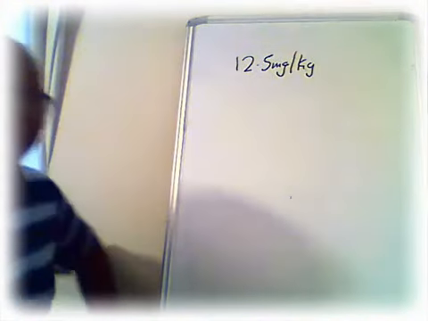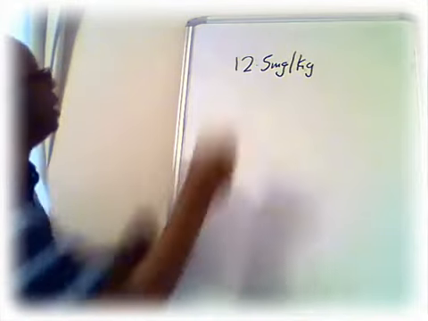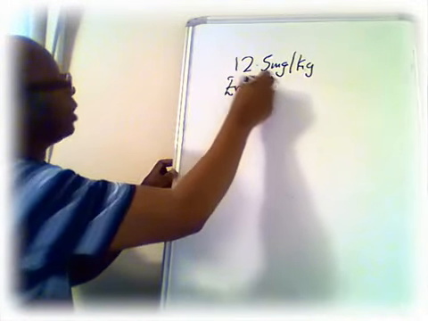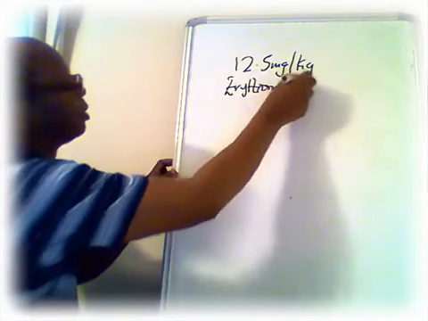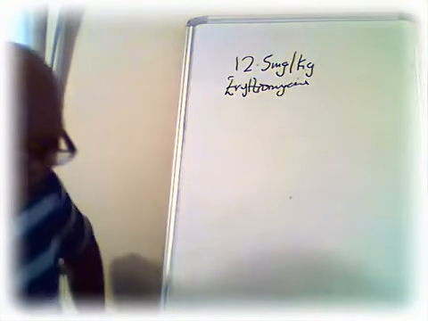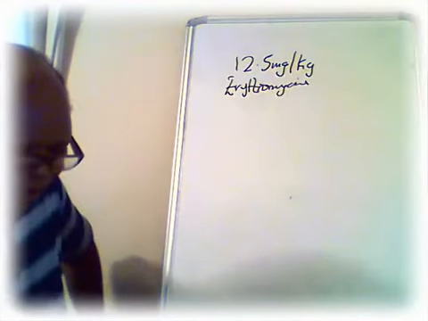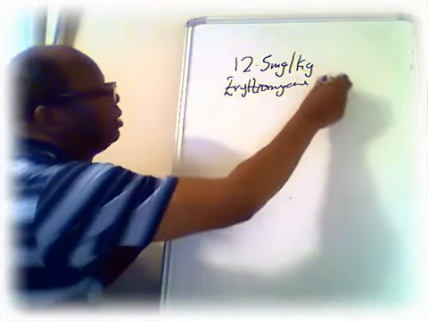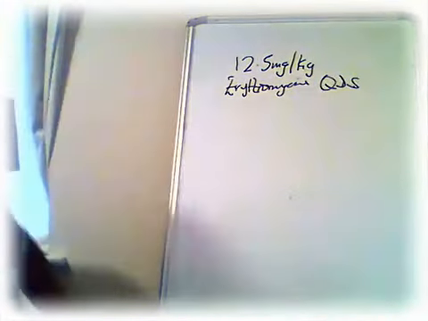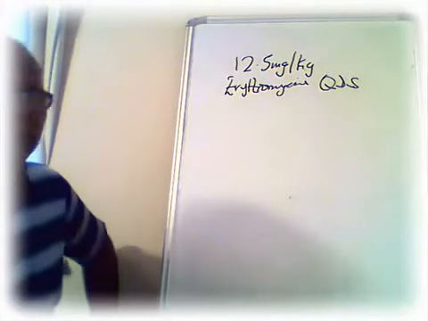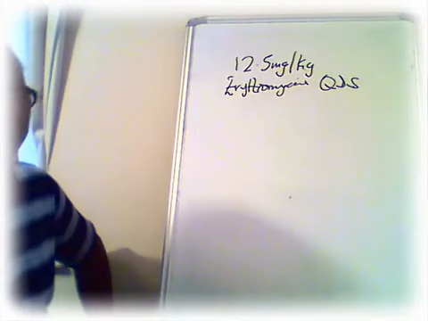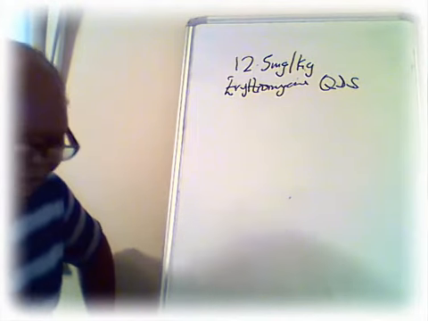That's what the patient has been prescribed, and this is erythromycin. Also he has to receive this medication QDS. Hospital people like these abbreviations quite a lot. QDS means 4 times a day. So he's receiving this dose 4 times a day.